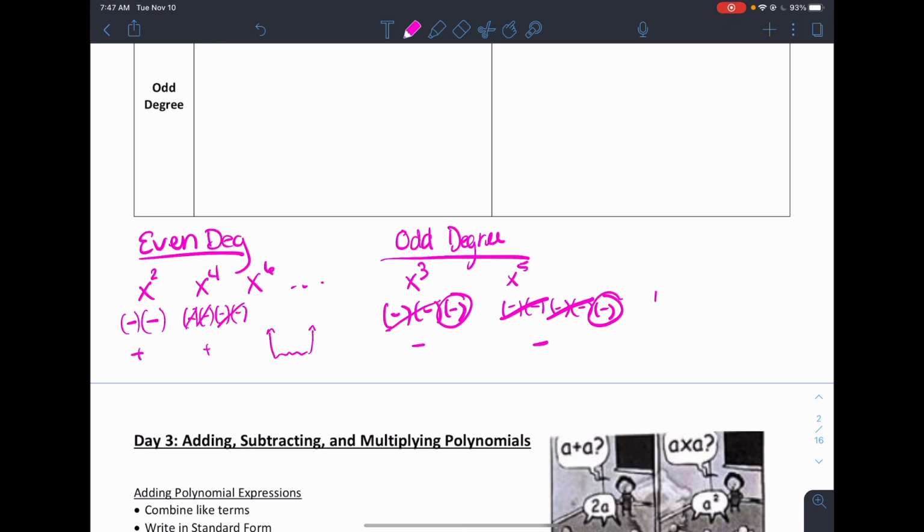So I'm always going to have one end going down, one end going up. They're going to be opposite. So even degrees, they even out. It's even on both sides. Odd degree, it's a little bit weird. It's uneven, so they're going different ways. Positive numbers cubed are positive, so it ends positive if it's a positive leading coefficient, and it ends negative, flipping upside down, if it's a negative leading coefficient.